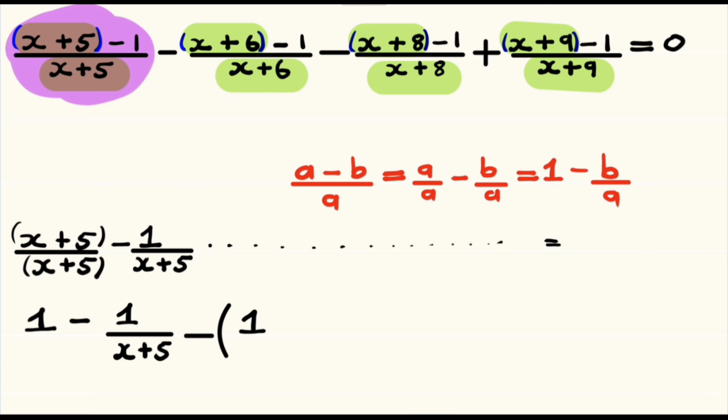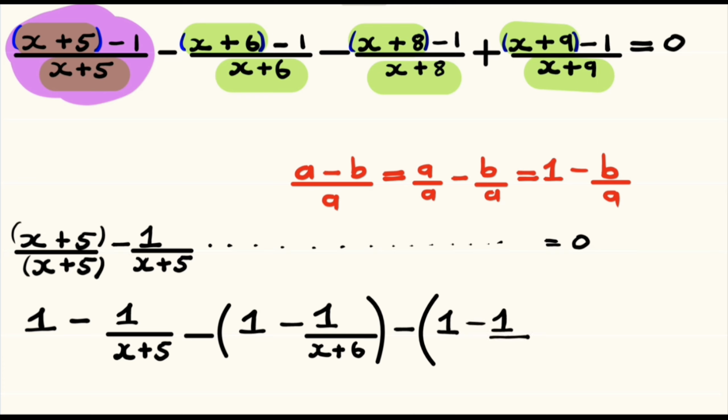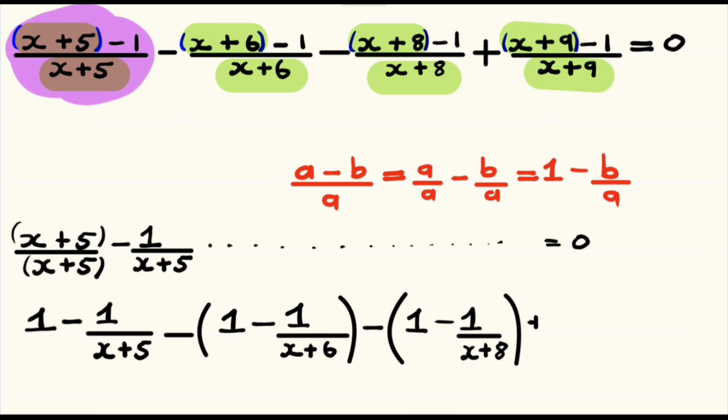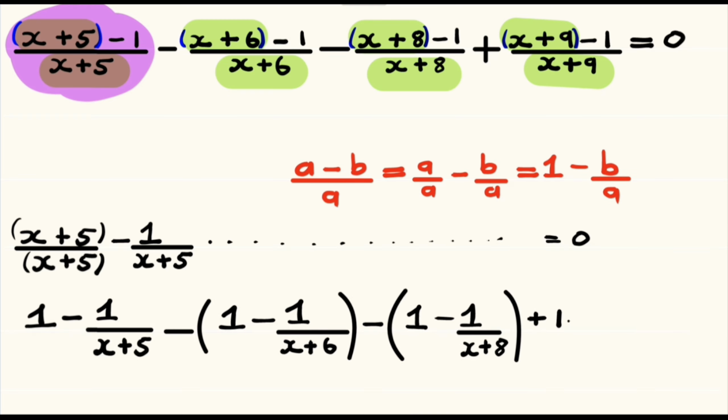So the second term will be equal to 1 minus 1 divided by x plus 6, minus the third term, which will simplify to 1 minus 1 divided by x plus 8, plus the fourth term, which will simplify to 1 minus 1 divided by x plus 9.